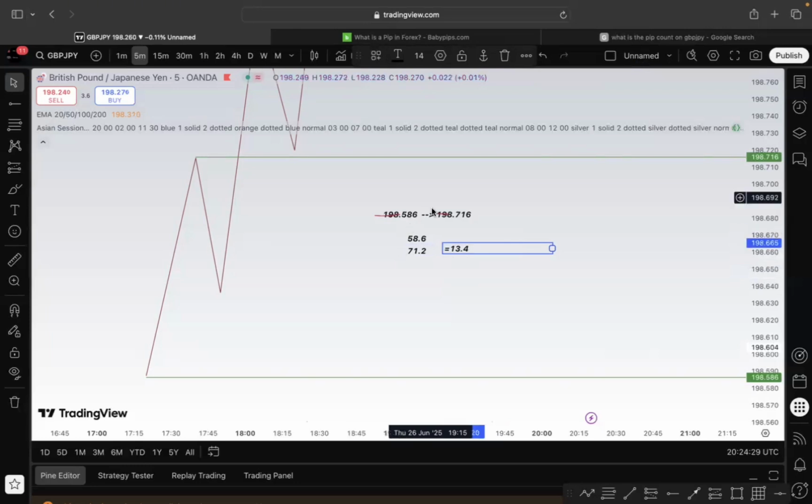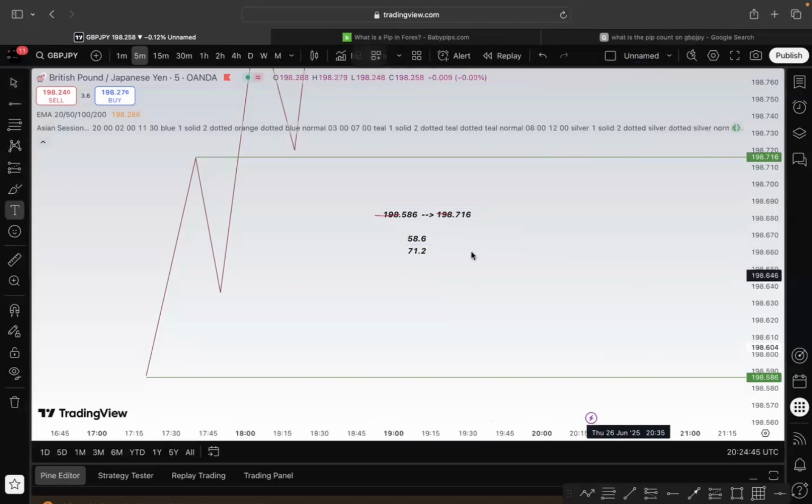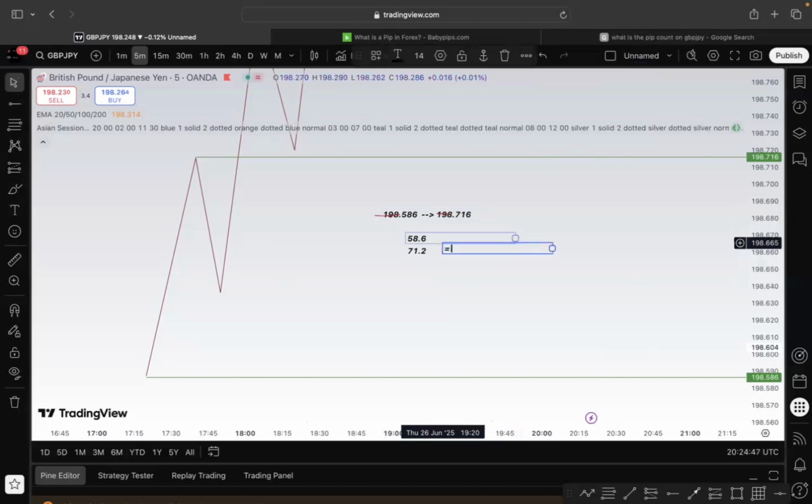It would not be 13, it will be 12 point something. I think 12.6. Yeah, I think 12.6.